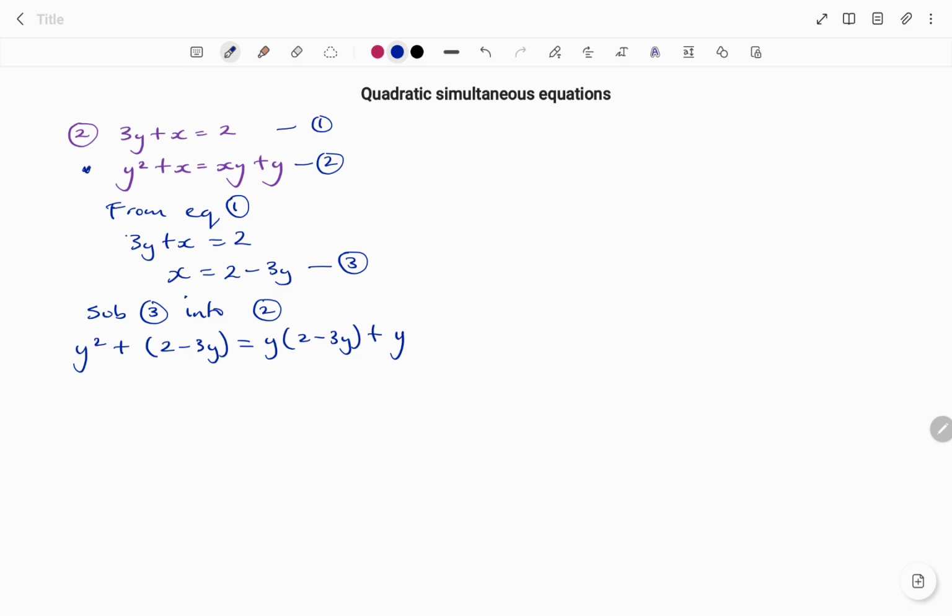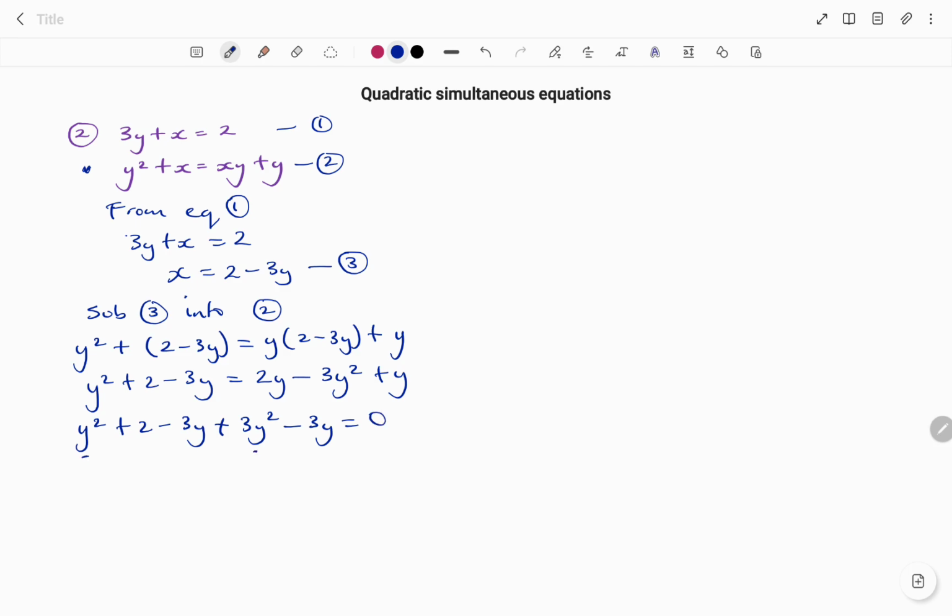If I expand the bracket, I have y squared plus 2 minus 3y equals 2 times y, that's 2y, minus 3y times y, 3y squared, plus y. If I collect like terms and move all the terms to one side, I'm going to have y squared plus 2 minus 3y plus 3y squared minus 3y, all equals 0.